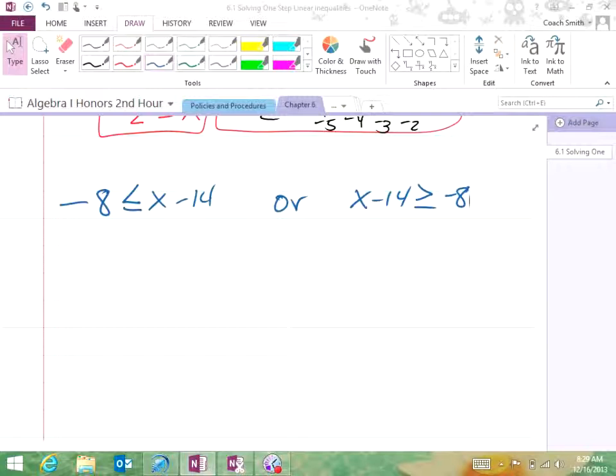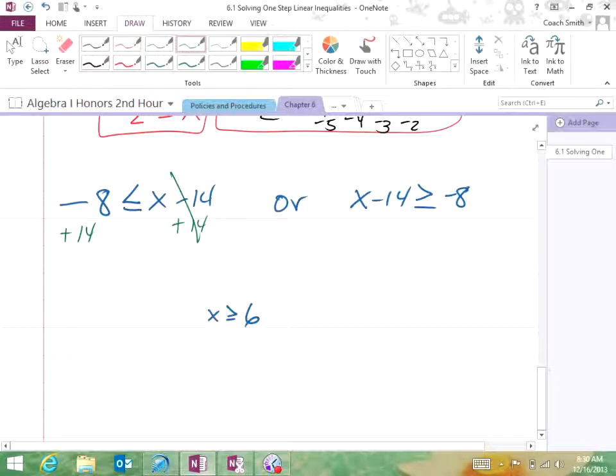Caleb, what'd you get? I got x is greater than or equal to 6. Yes. X is greater than or equal to 6. Okay, the reason that is true, you add 14 to both sides.